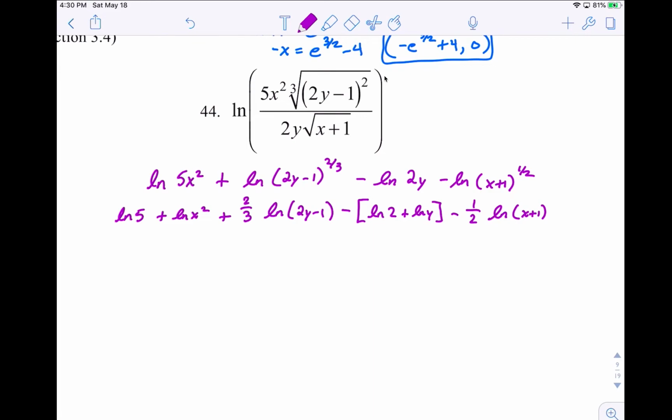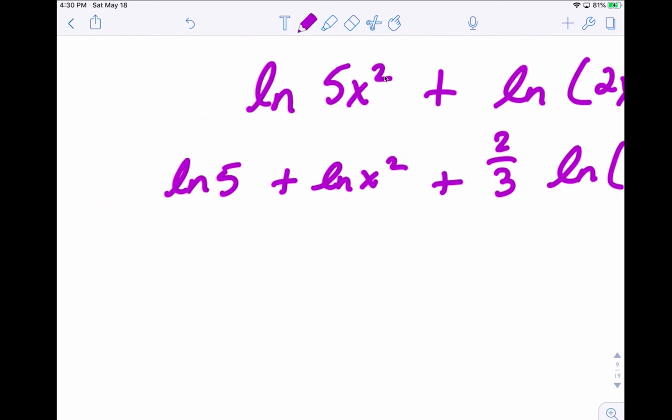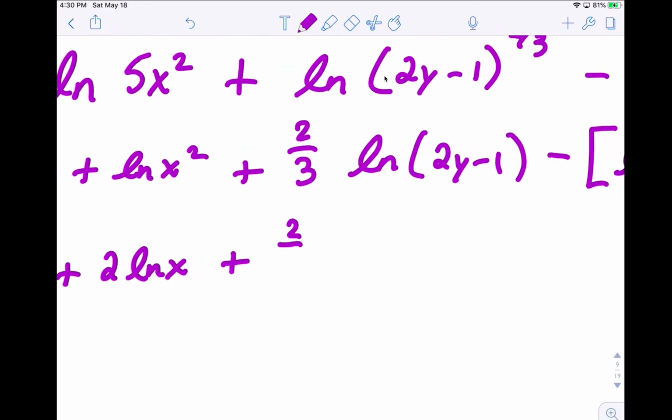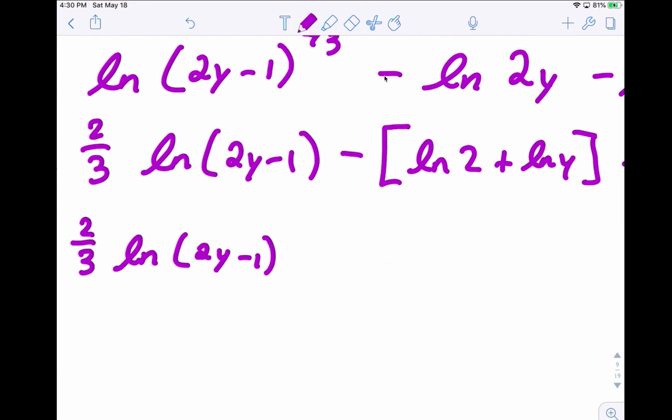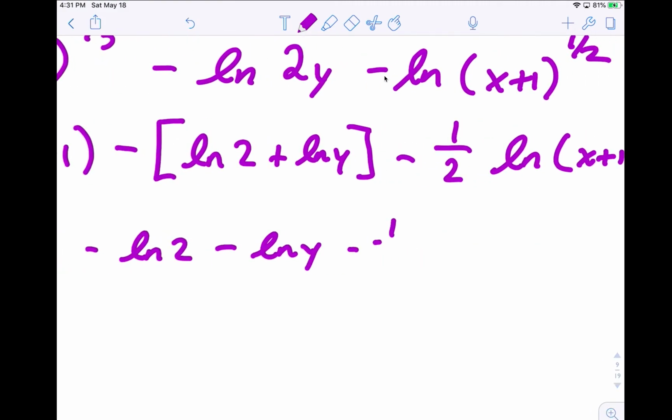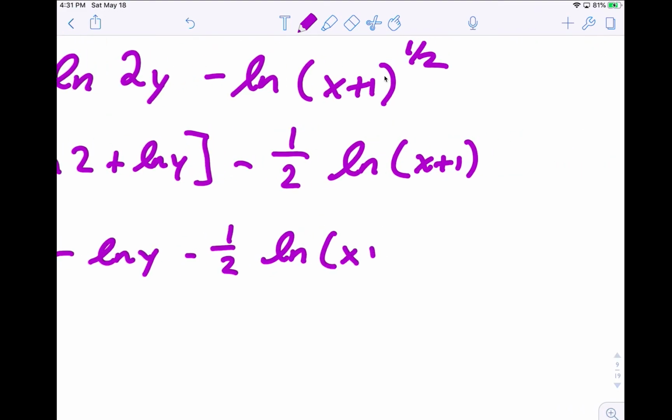All right. Now I only have like 2 more things to do. So ln of 5 plus, bring down the exponent, so 2 ln of x. And then I got 2/3 ln of 2y minus 1 minus ln of 2 minus ln of y, and then minus 1/2 ln x plus 1.